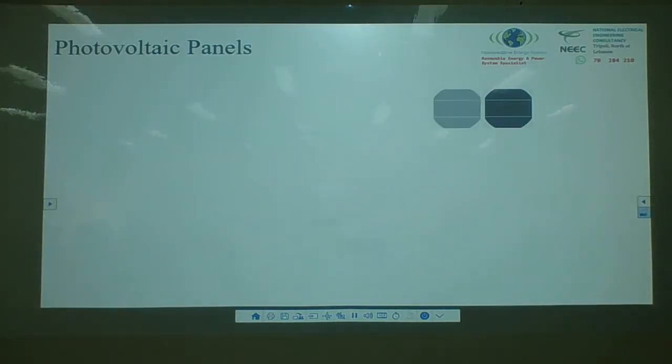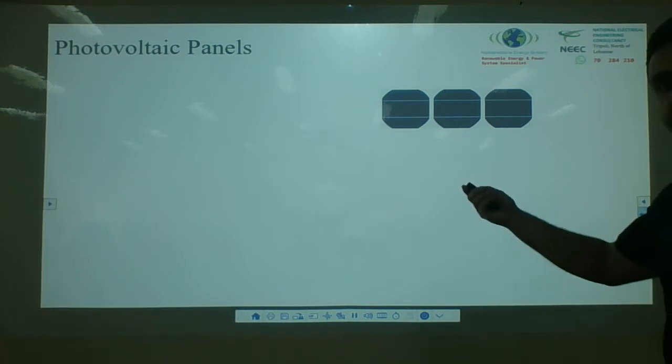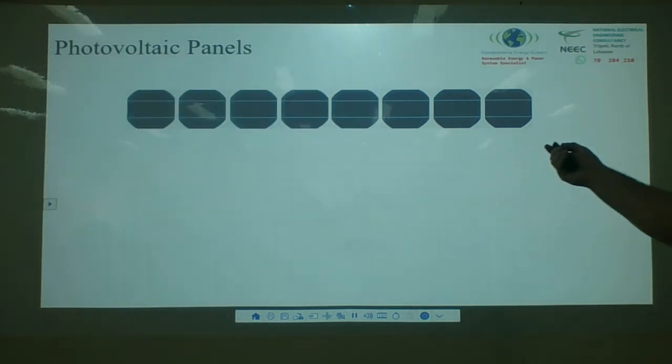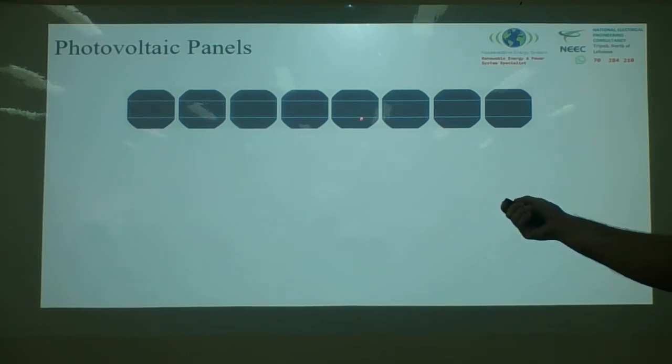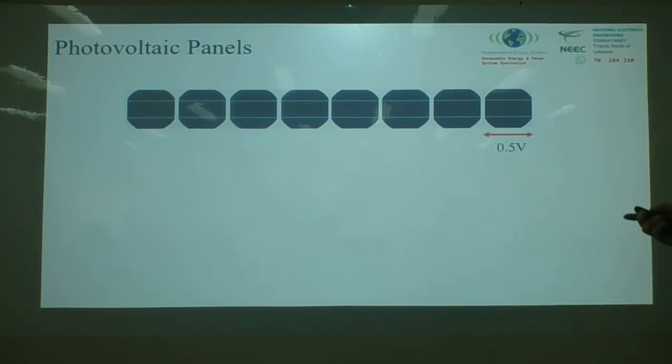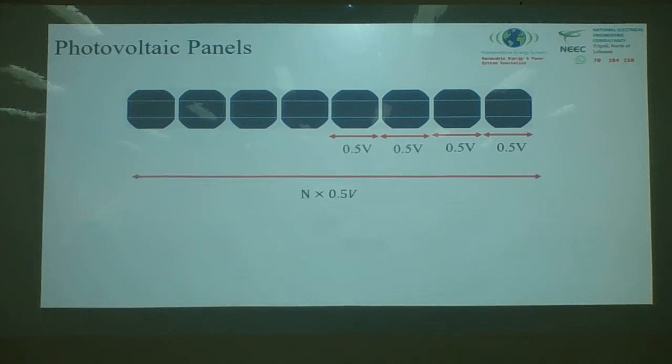When solar cells are connected in series, as you can see, I have the solar cells connected. I connect these in series. I have 1, 2, 3, 4, 5, 6, 7, 8. For example, to make my calculation easy, 0.5, then 0.5, 0.5, and I keep at it. At the end, I will end up with a voltage.